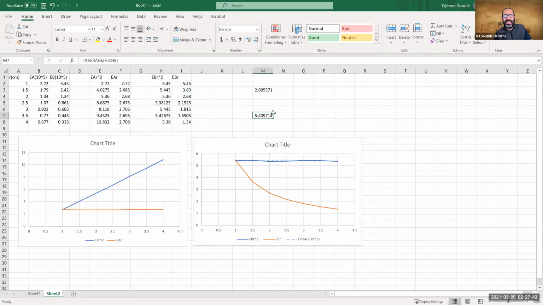So we can find the average. Here is the average. And the average in this case should be Q over 4 pi epsilon naught. So this number should be exactly Q over 4 pi epsilon naught. From here, you should be able to find Q. Once you find Q, let me stop this one and share with you this one.